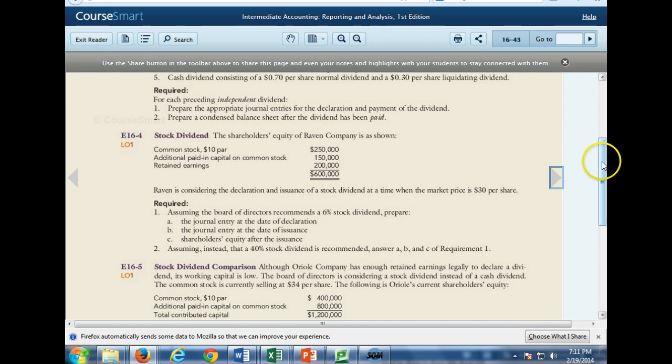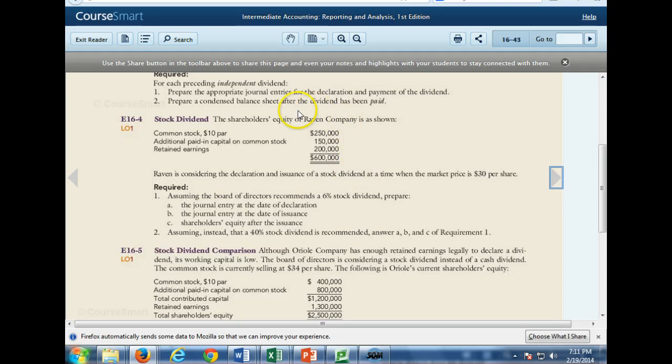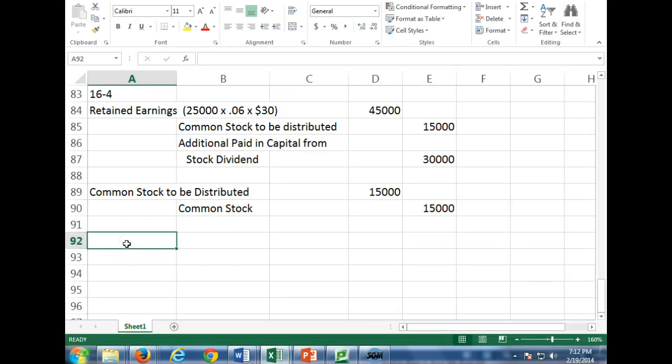Doesn't bug me. Next, what is the shareholders' equity after the issuance? Okay, we know what it is before the issuance. You see all our shareholders' equity here? The common stock of 250,000, additional paid-in capital 150, retained earnings 200. What's it going to be afterwards? How are we going to figure this out?